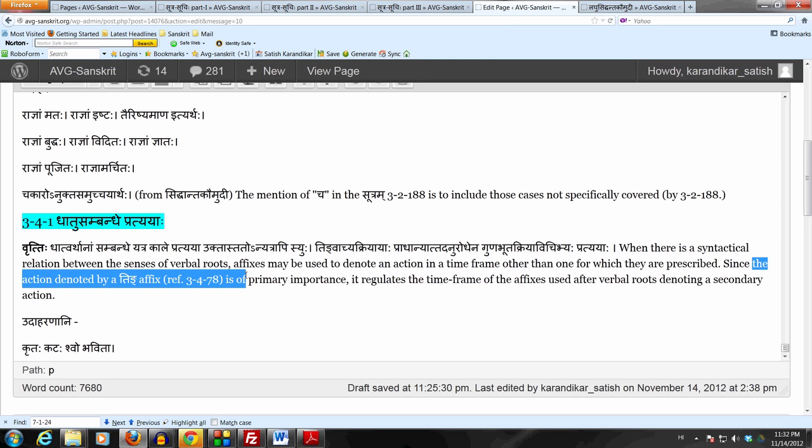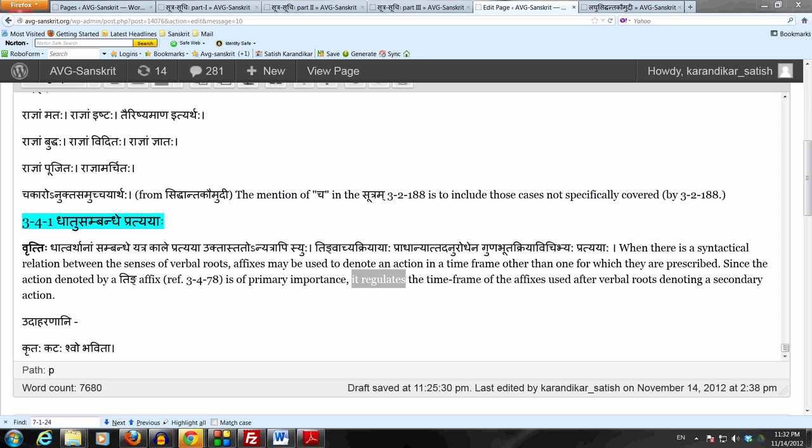That has primary importance. Tadanurodhena means in keeping with that, respecting that, in accordance with that ting vachya kriya, keeping in mind the primary importance of the action denoted by the tingantam padam.